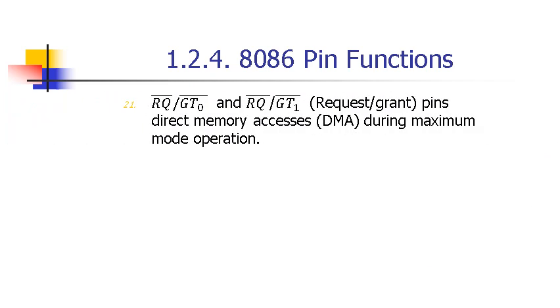In the maximum mode, your main processor turns over the control of the memory to some other external processor, so you will need to request and grant memory access. The external processor would always be requesting to access memory locations in your system and should be granted this access.